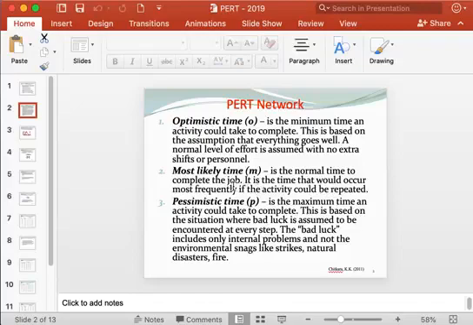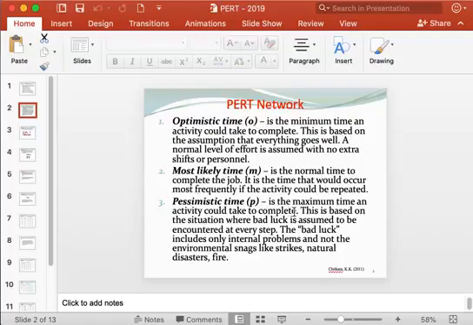So if you repeat an activity 5 times, and the durations come out to be 4 days, 5 days, 3 days, 5 days, and 2 days, then the most frequently occurring duration is 5 days, because 5 days occurs 2 times when you repeat it 5 times. That is what is most likely time.